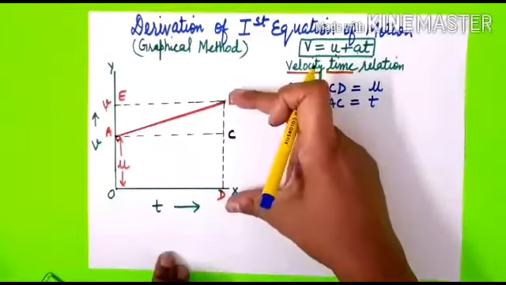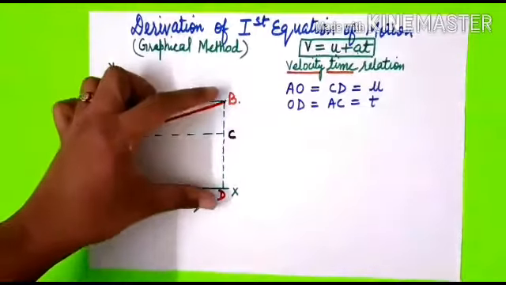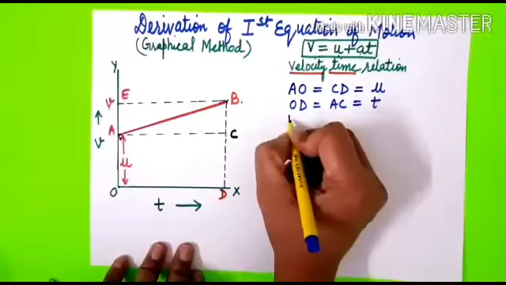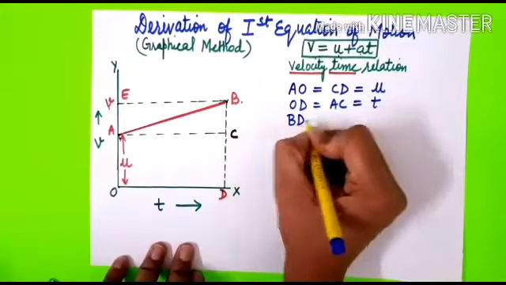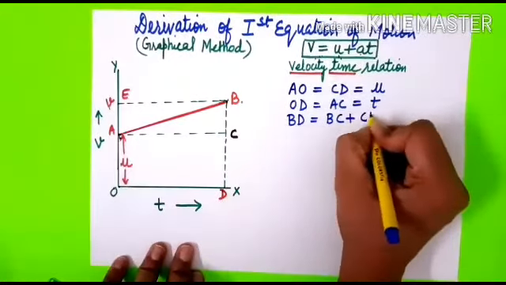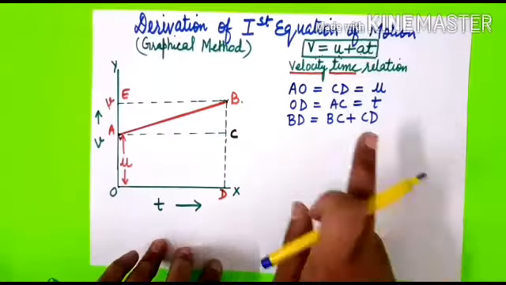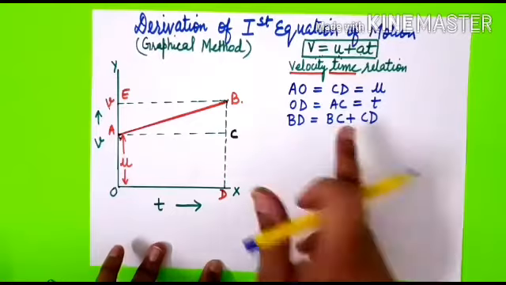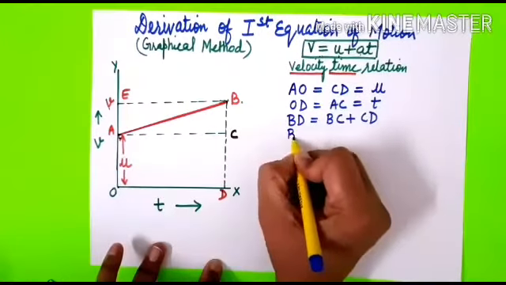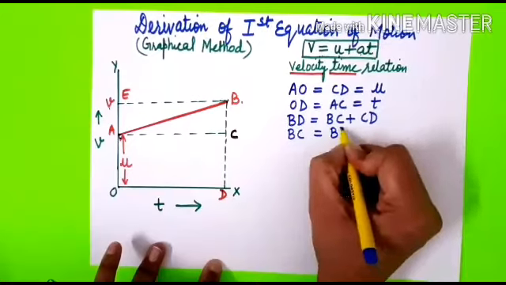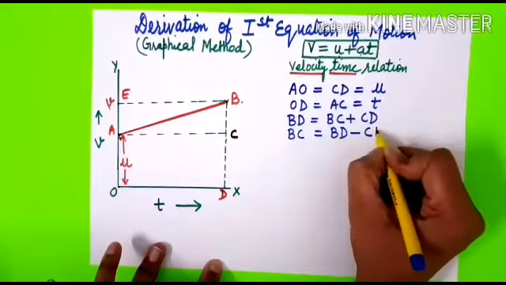Now this BD, here you can see this BD line is divided into two parts. BD is equal to BC plus CD. Clear? From this equation, can you calculate BC? Yes, you can calculate BC. BC can be calculated like this: BD minus CD.